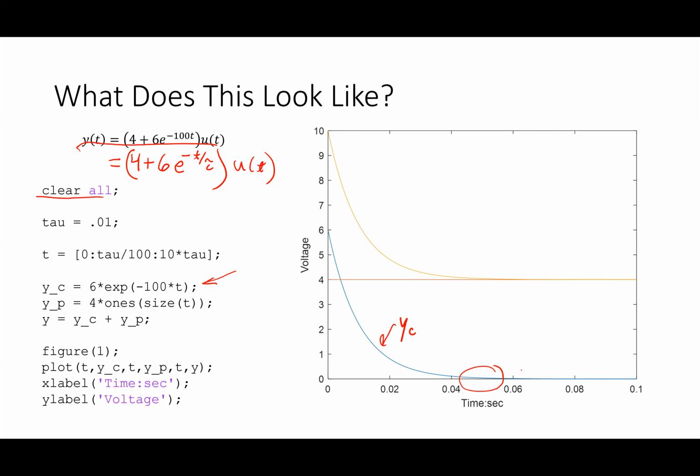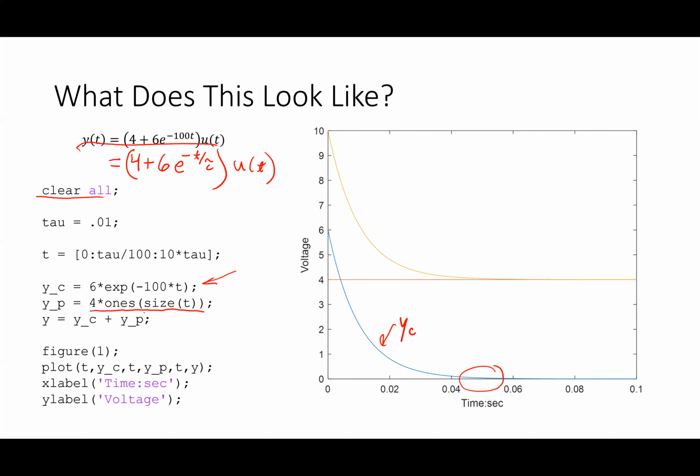Now, one of the things that I mentioned in the homework is when I want to plot my particular solution, I used the ones function. What the ones function does is it generates a vector just containing the number 1, okay?